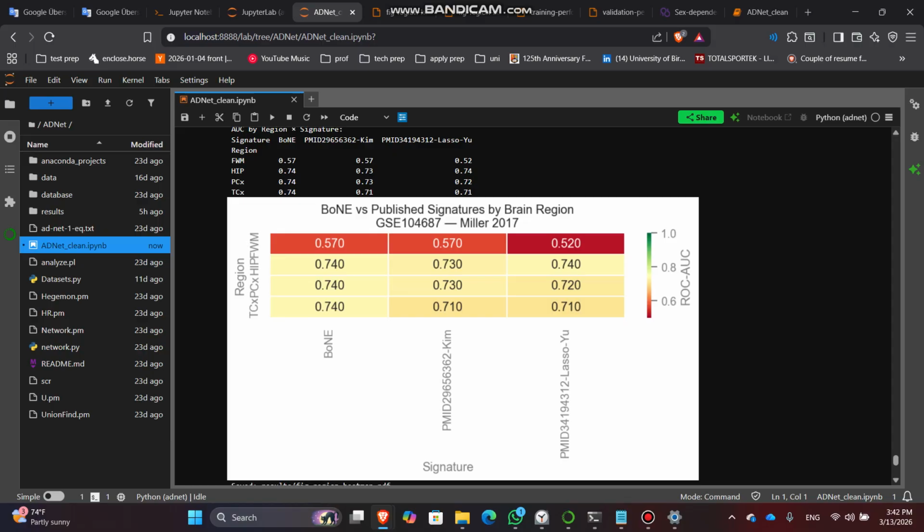It compares bone against two other published signatures across the same four regions. The white matter drop is consistent across all three signatures, confirming this is a biological effect, not a bone specific limitation.